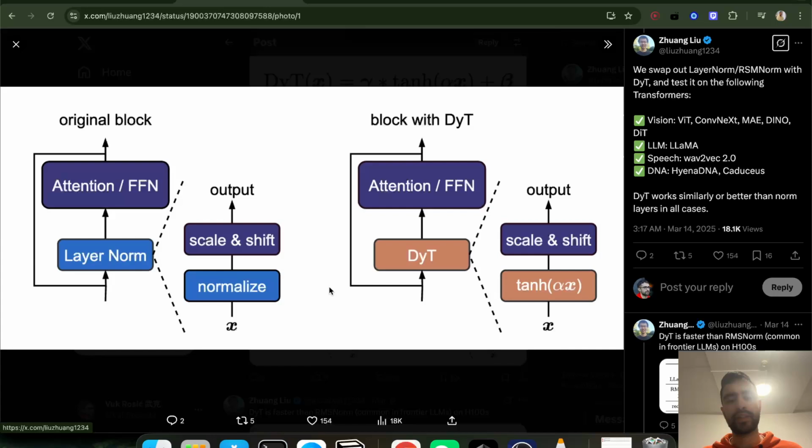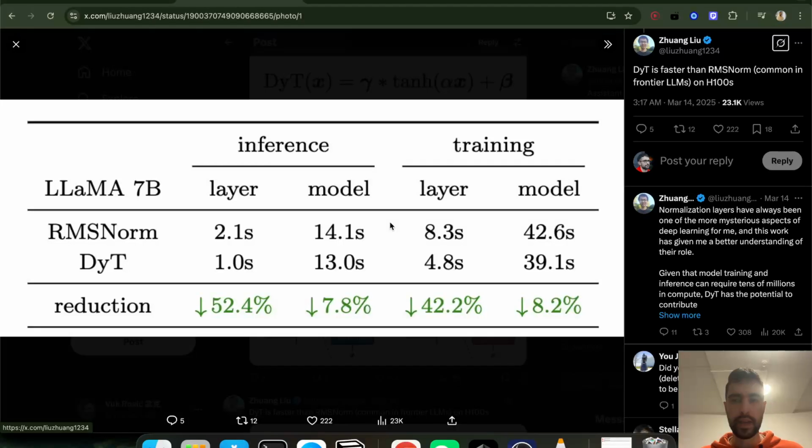And what they do is they just replace this normalization step with a tanh step, and that's it. And it works better for vision models, for LLaMA and LLM models, for speech, and for DNA. They also replaced RMS norm with this and say that this works better than RMS norm as well.